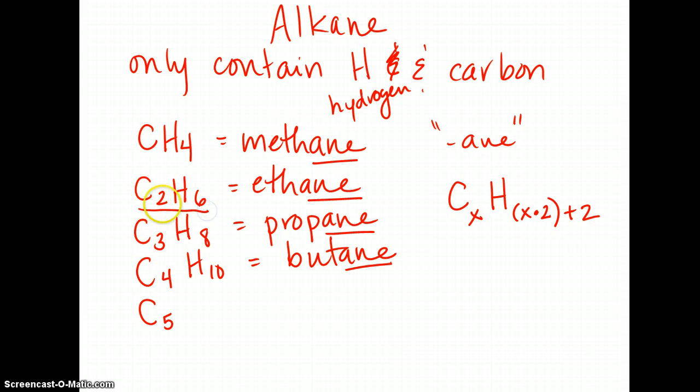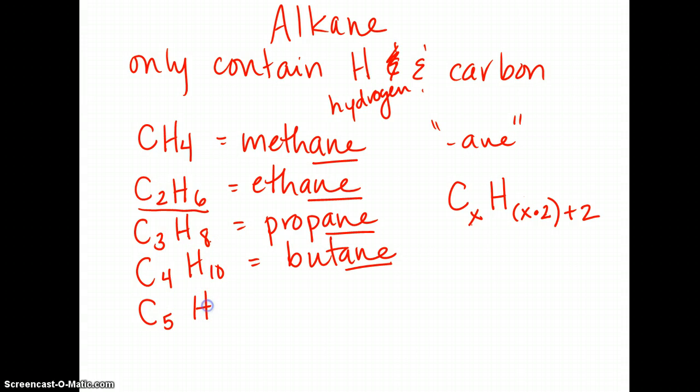Here we have 2 carbons, and to get to 6, we take 2 times 2 plus 2 equals 6. For propane, you have 3 carbons, so that would be your X value. To find your hydrogen, it would be 3 times 2, which equals 6, plus 2, which equals 8. Same with butane: 4 times 2 plus 2 equals 10.